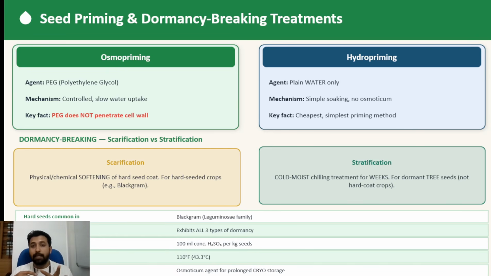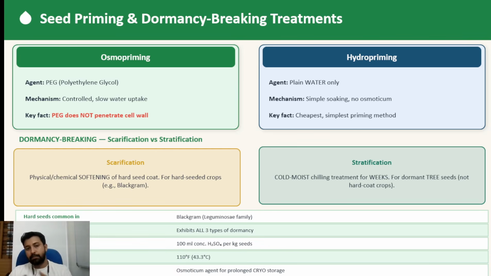While osmo priming is more of a technical term. It is controlled germination, favoured by using agents like polyethylene glycol, PEG, sorbitol and other chemical solvents. Clear? This is the difference between hydro priming and osmo priming.